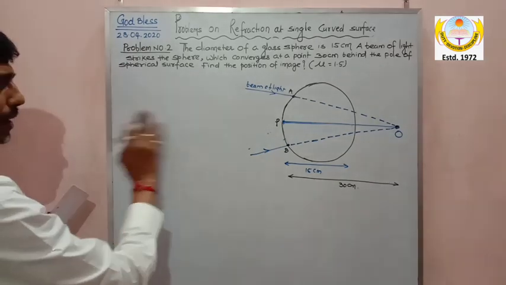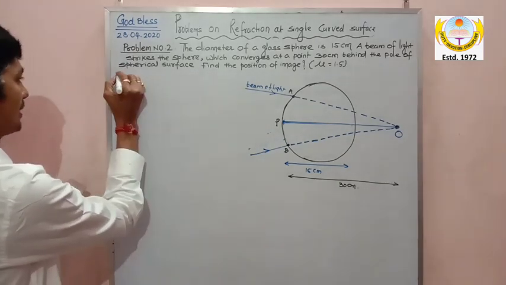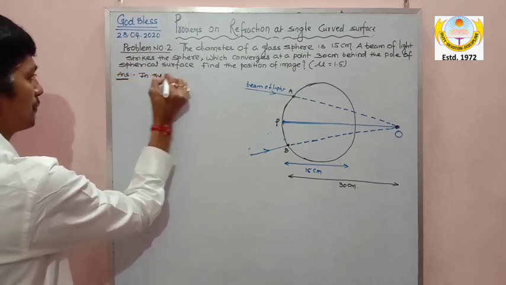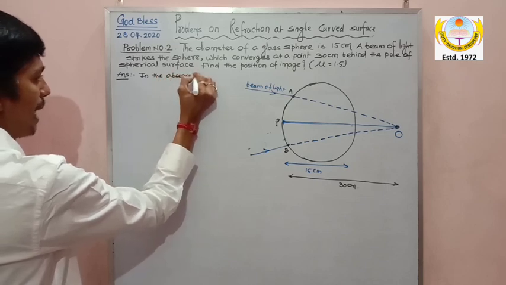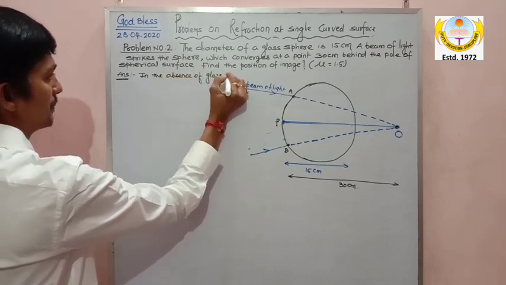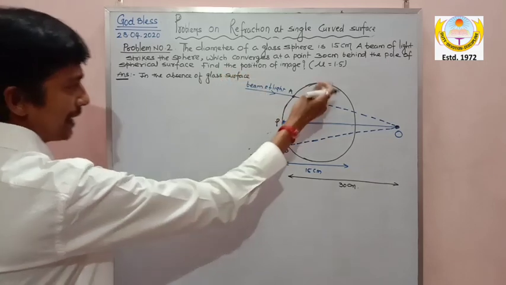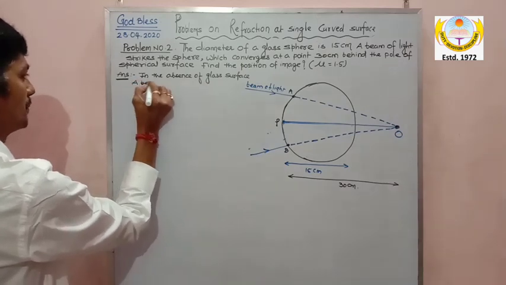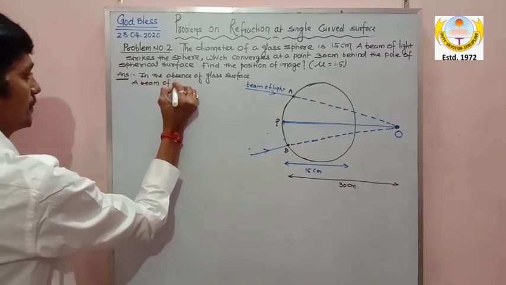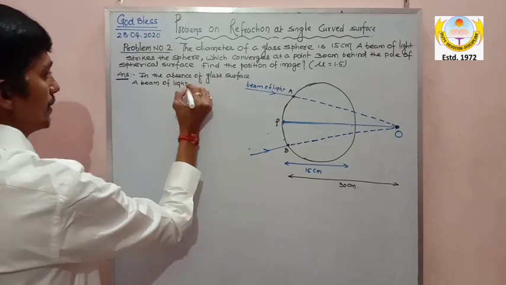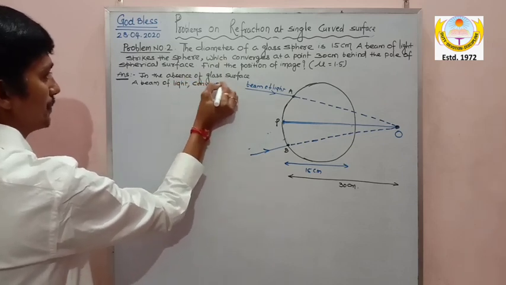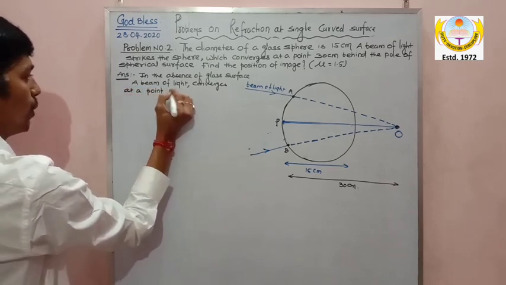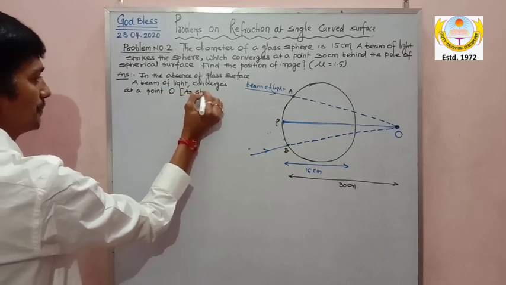So now my dear, till now what I have done, try to understand. Here is the answer. In the absence of glass surface, suppose there is no glass surface, so in the absence of glass surface, a beam of light converges at a point O as shown in the figure.